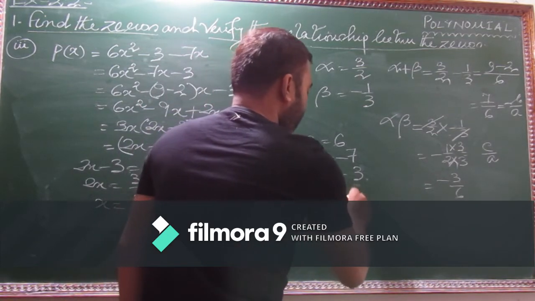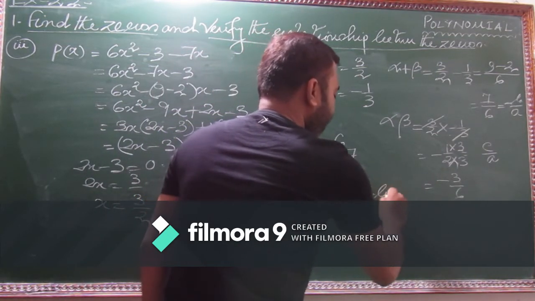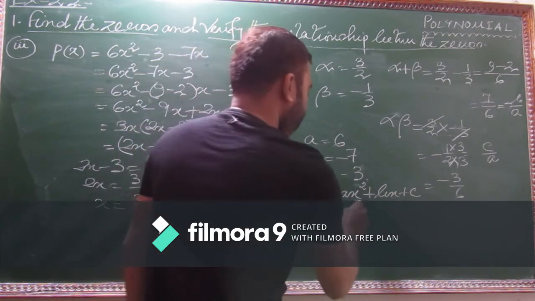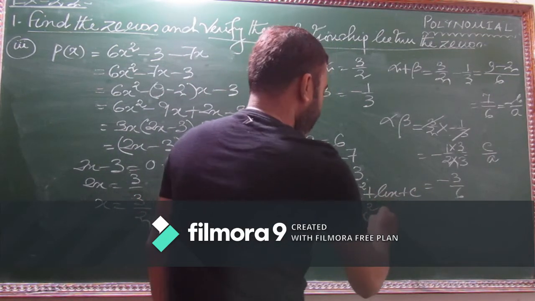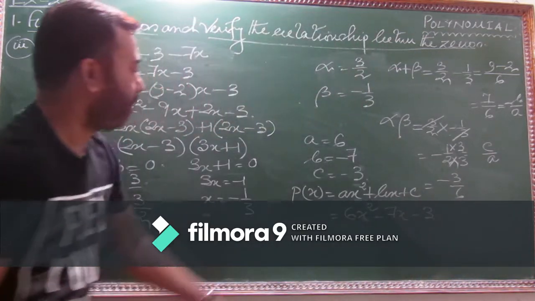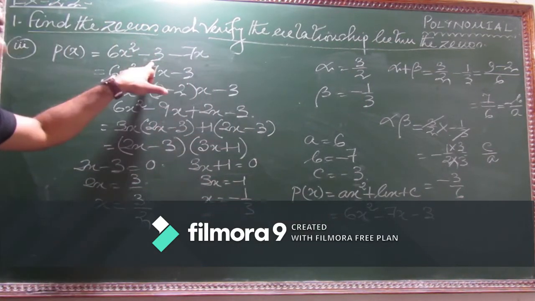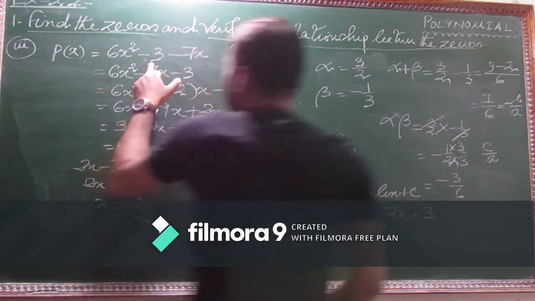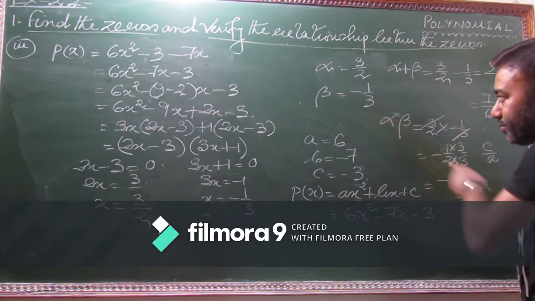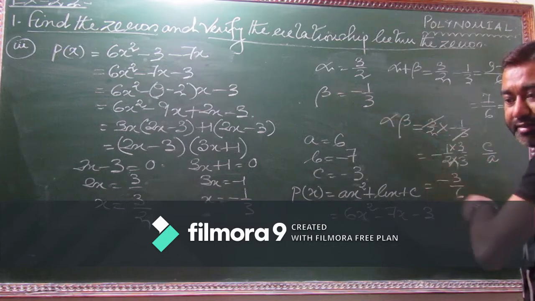Px is equal to ax square plus bx plus c. So what is a? a is equal to 6. This is 6x square, bx is minus 7x, minus 3. Both are matching. So successfully I have reached the polynomial from the zeros. Is it? Yes.